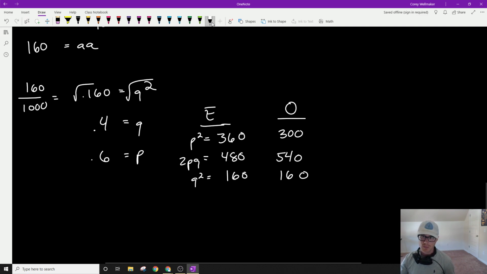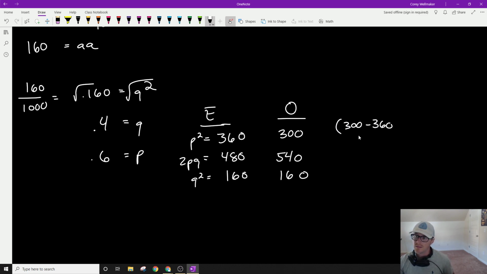It has nothing to do with violating Hardy-Weinberg equilibrium. That's what the null says. So we can do observed minus expected, square it, and then divide it by expected. Right? And we can do that for every single category.